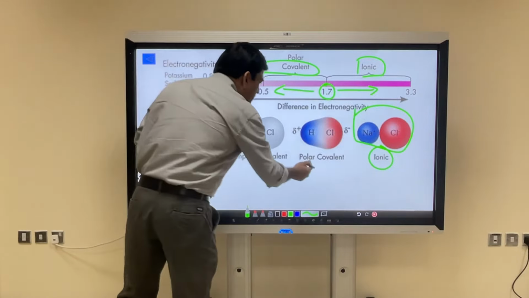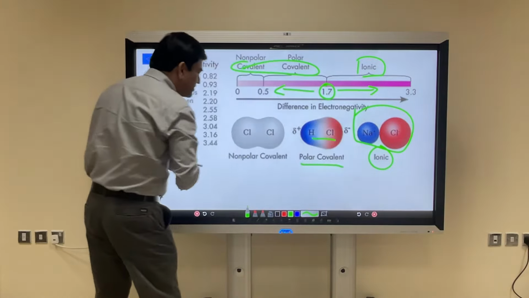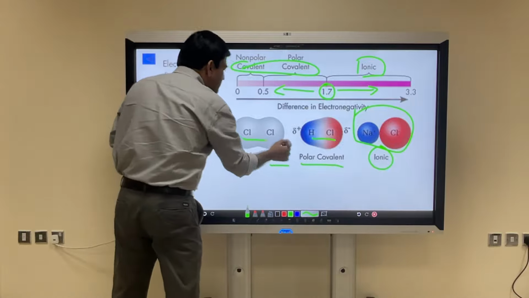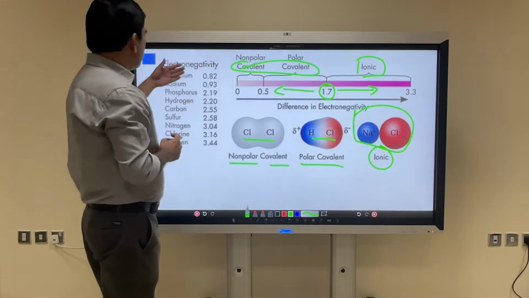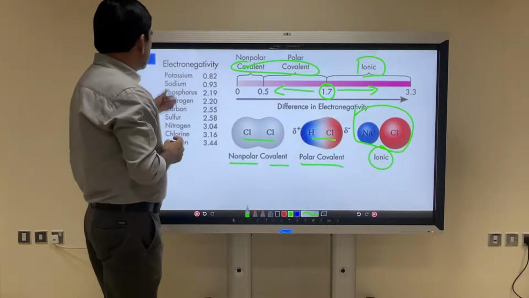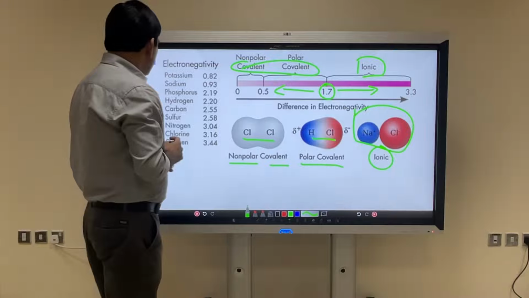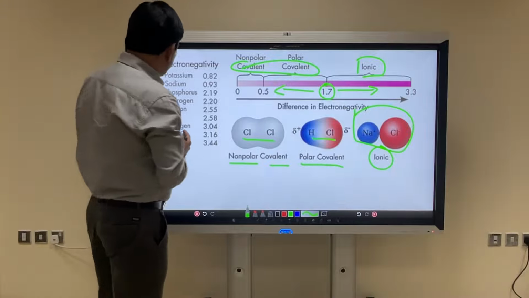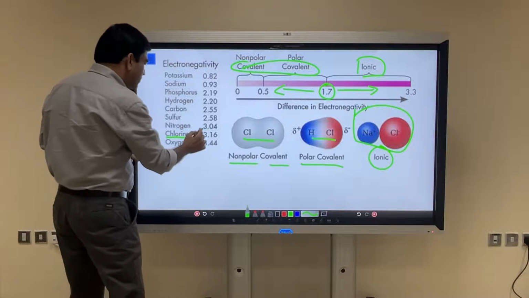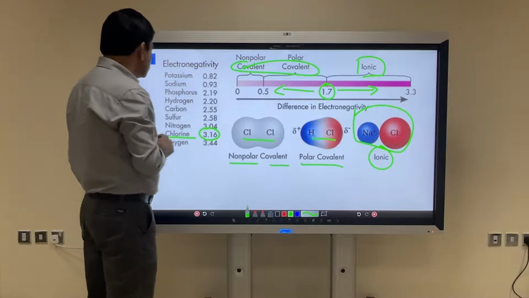So this is the polar covalent bond between HCl, and this is a non-polar covalent bond between Cl2. And these are some different elements and their electronegativity values. You can see chlorine over here has 3.16. That's one of the halogens.